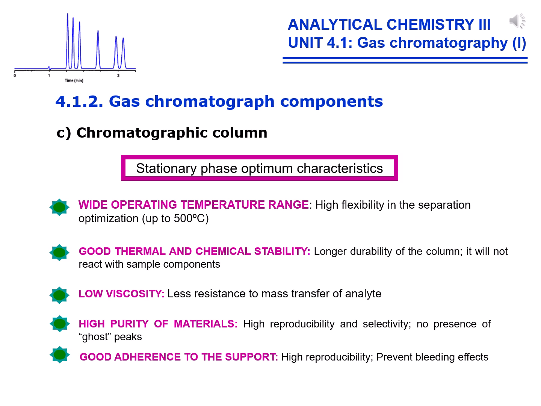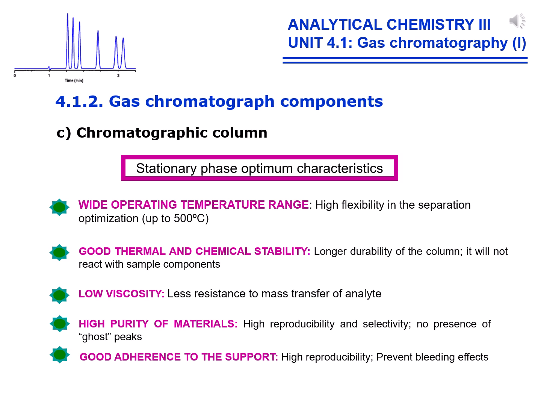Low viscosity that offers less resistance to analyte transfer between phases, thus making the column more efficient. High purity of materials, assuring high selectivity and reproducibility, and minimizing the possible presence of ghost peaks. Good adherence of the stationary phase to the support, preventing bleeding effects.